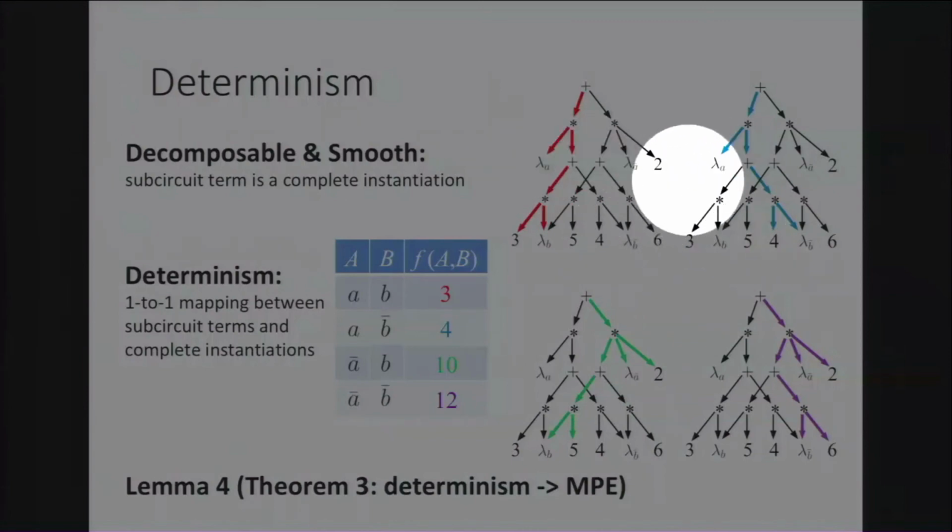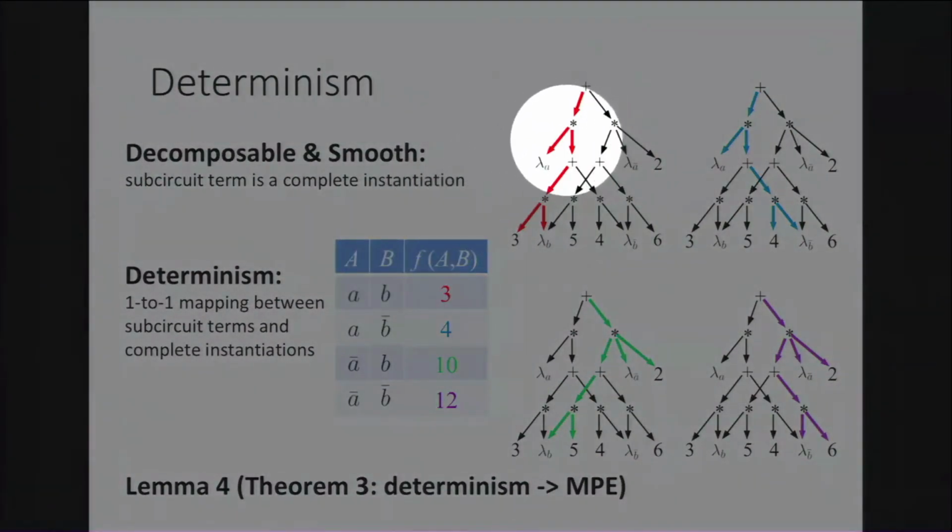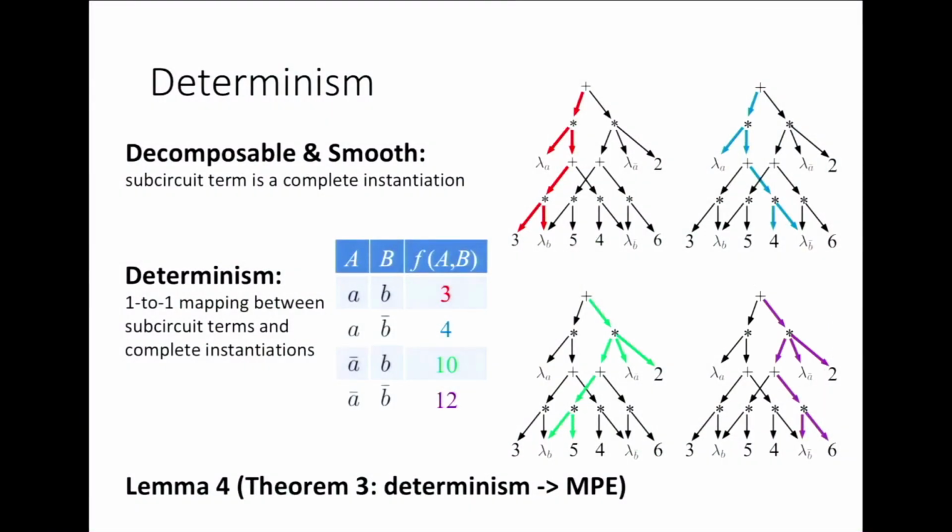And if you look at these subcircuits and how they're color-coded, they correspond to these particular rows in the factor. This guy should have a coefficient of 3. This guy should have a coefficient of 4, a coefficient of 10, and a coefficient of 12. What happened here? You can no longer have a split.